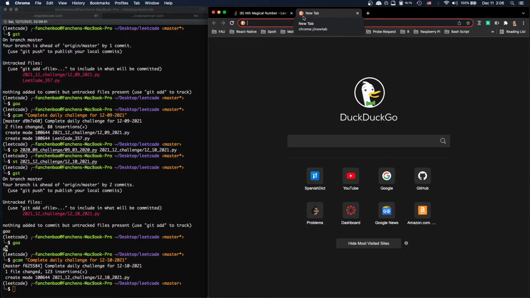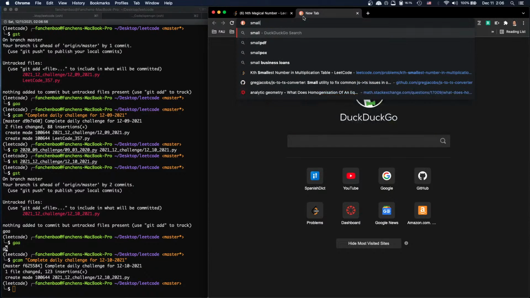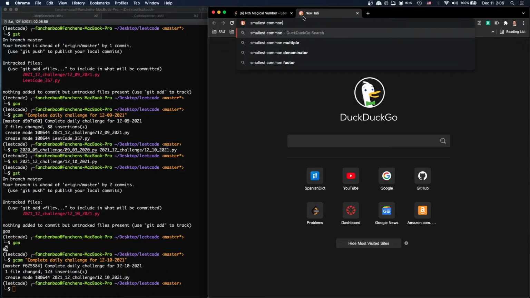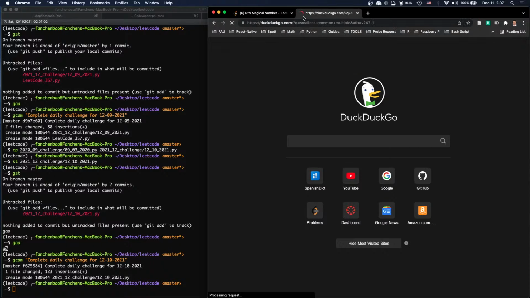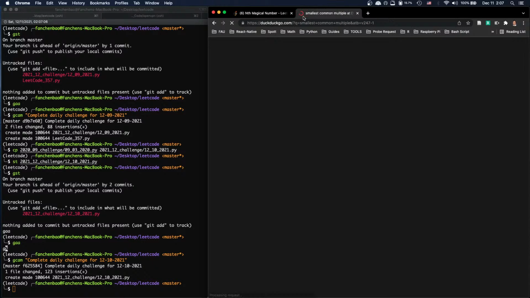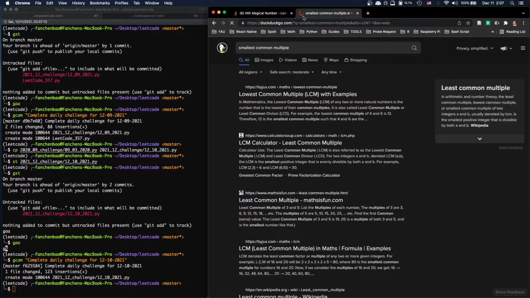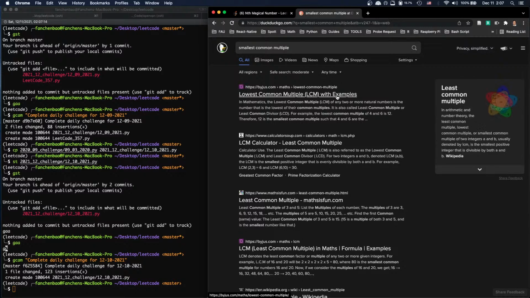So it's the smallest common multiple. We have a thing for this, right? LCM, least common multiple.